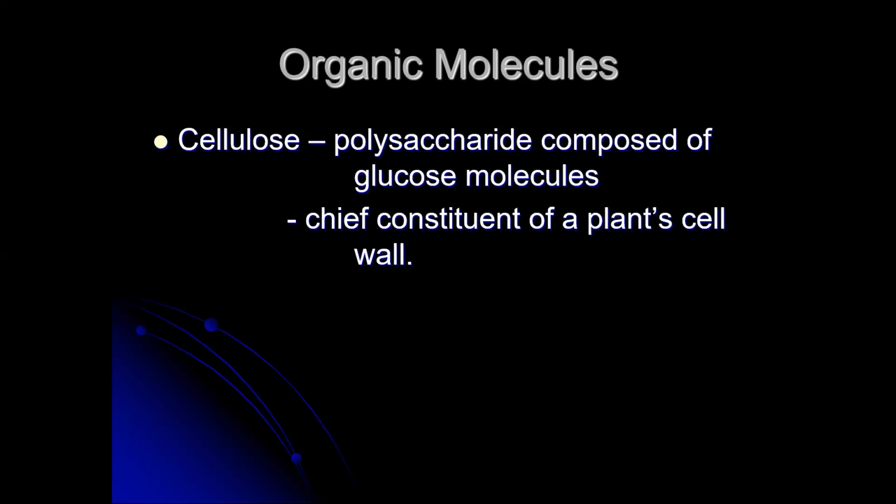That's not necessarily anything that you need to know going into human anatomy and physiology, even micro, going into health sciences for humans. But where cellulose is important from the human standpoint is that it is our fiber.